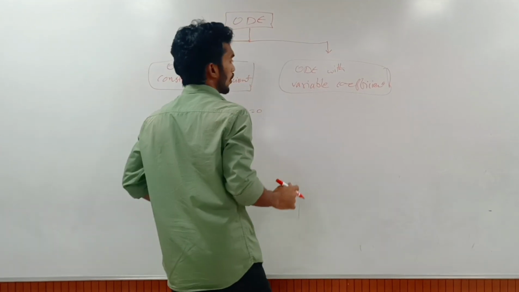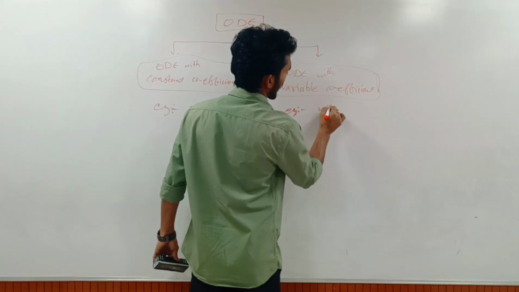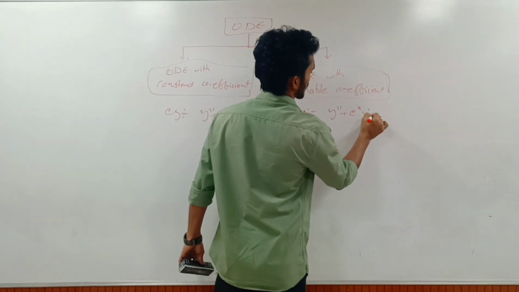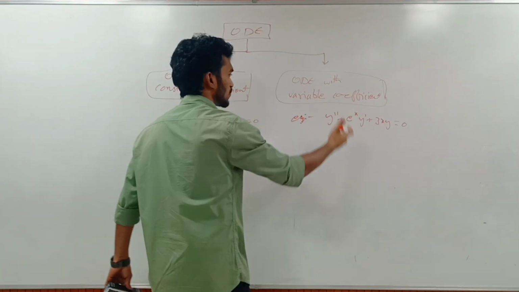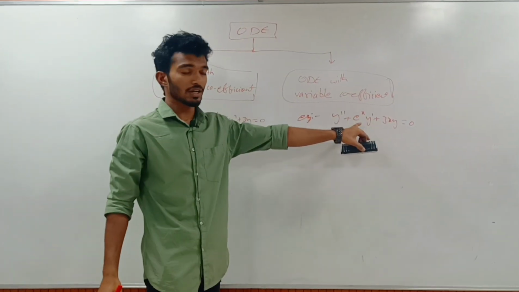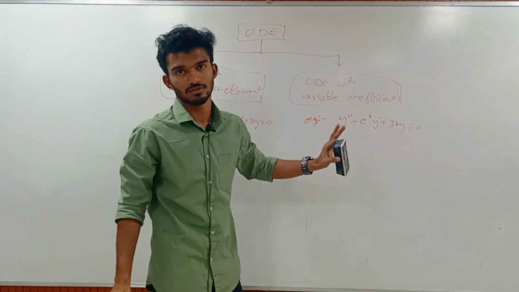And coming to the ordinary differential equation with variable coefficients: y'' + e^x y' + 3xy = 0. It is an ordinary differential equation with variable coefficients because here the coefficients of the derivatives are variable terms, right?